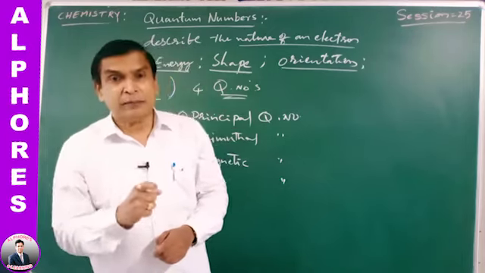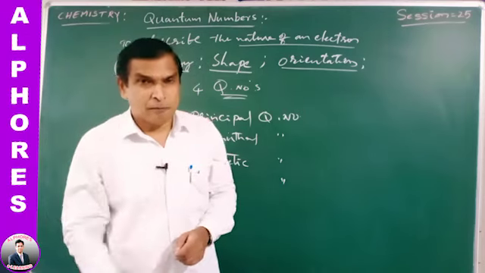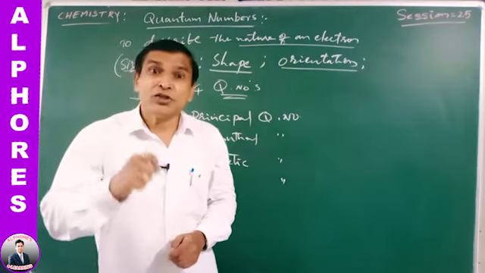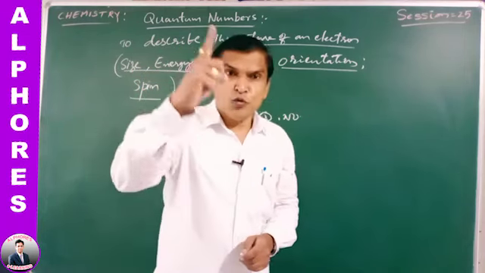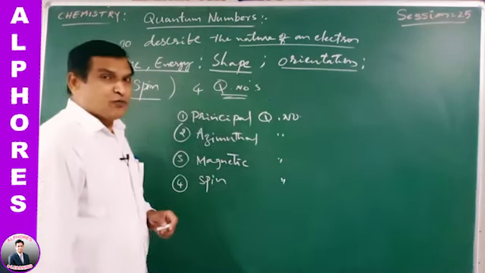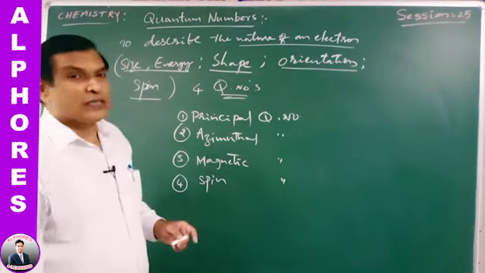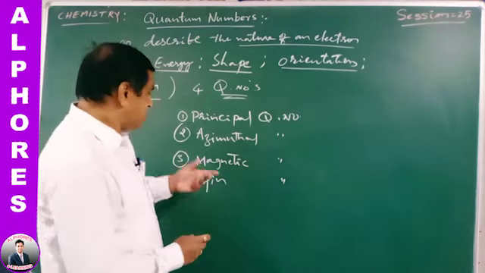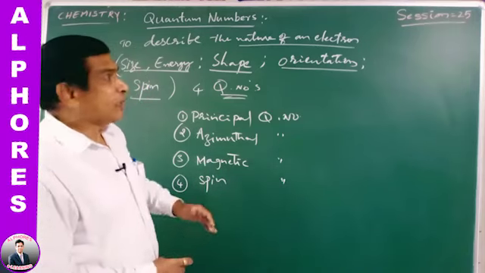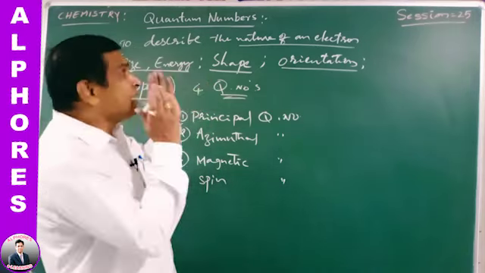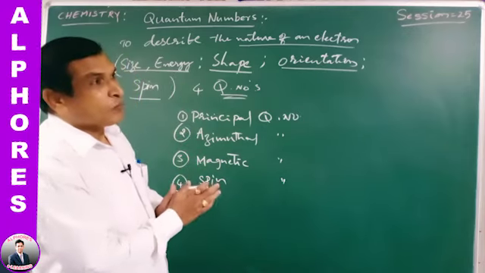To describe the nature of a particular electron in the atom, the 4 quantum numbers are significant. What are they? Principal quantum number, azimuthal quantum number, magnetic quantum number and spin quantum number. You got it, I think it is clear. Introduction to the quantum numbers.